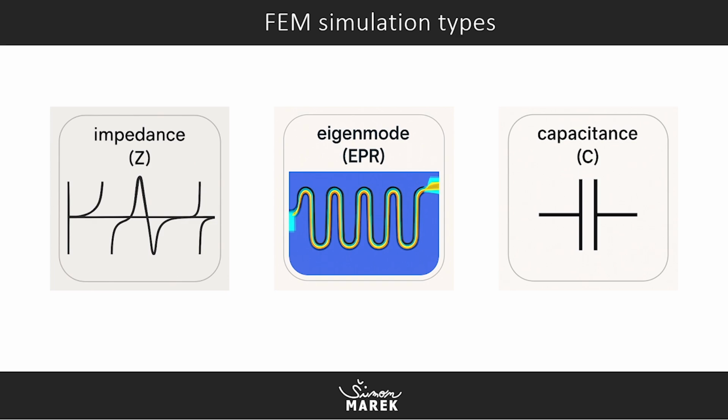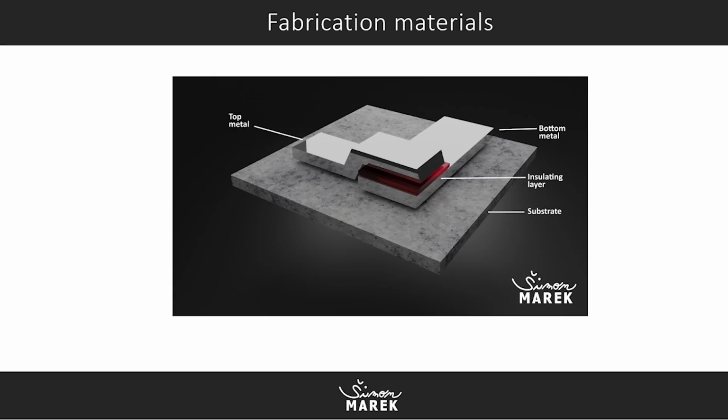It is very useful for quantum chips and traveling wave parametric amplifiers, where we have more complex shapes integrated into our chip. So very useful. Then we have fabrication materials.